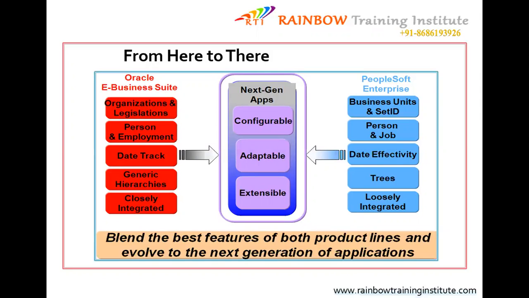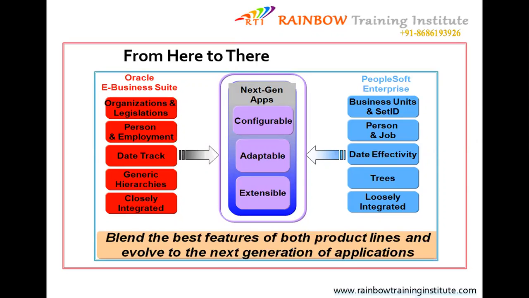So certain features are directly brought from eBiz suite to Fusion, and certain features are brought from PeopleSoft to Fusion. For example, organizations are called business units in PeopleSoft, and the business unit naming concept has been adapted in Fusion.